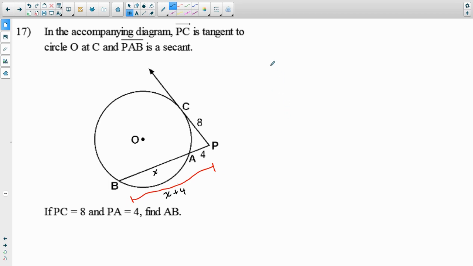And now when we put this together in our a squared is equal to the whole times the exterior part, we have to remember that 8 squared is going to be equal to the whole here, which is x plus 4. And because it's a binomial, I'm going to put that in parentheses for sure and put the 4 in front of it rather than after it. So I remember to distribute that when we multiply.